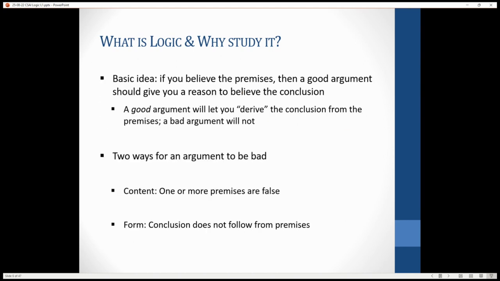Well, here's an idea. In a good argument, if you believe the premises, then you should believe the conclusion. A good argument, in some sense, lets you derive the conclusion from the premises you've been given. So think about the Mira argument just a second ago.